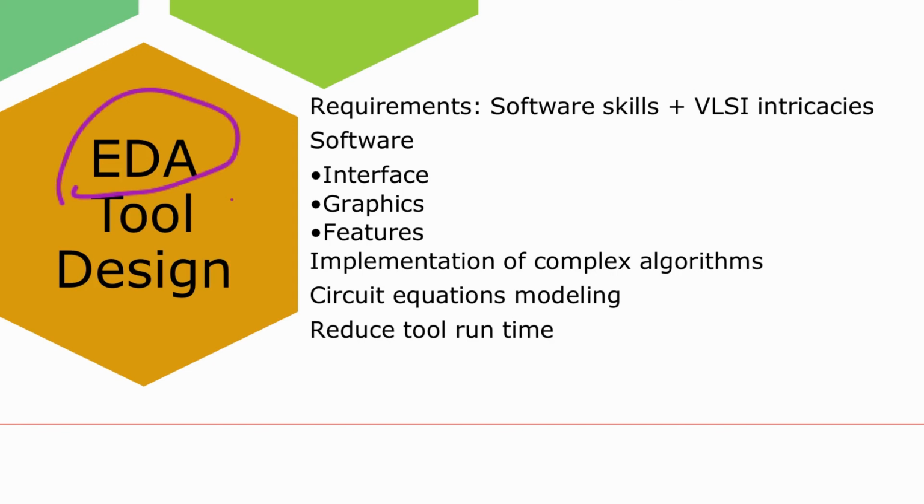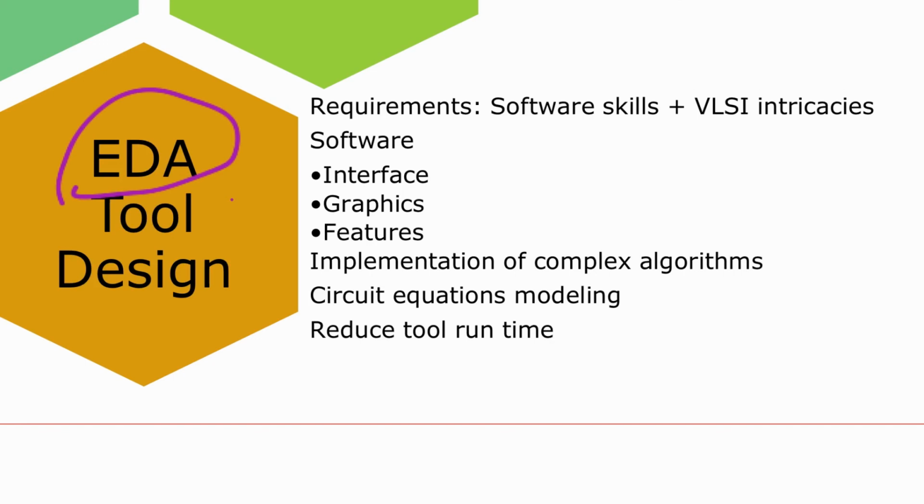When you do circuit simulation, in the background there are equations that are modeled, and equations have to be computed. The important thing to remember in a tool design company is not just to finish execution, but to finish it fast. How fast can you compute a particular output?